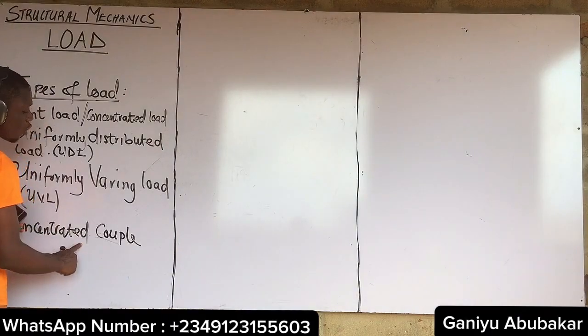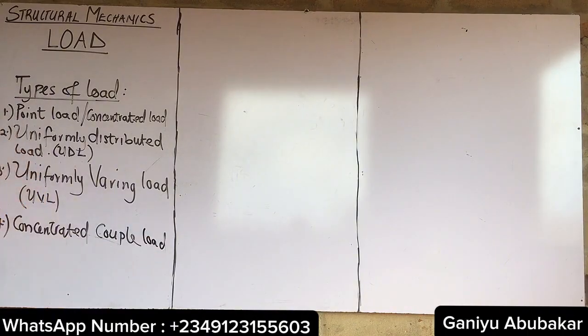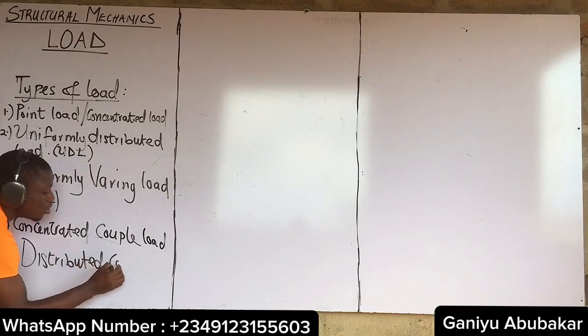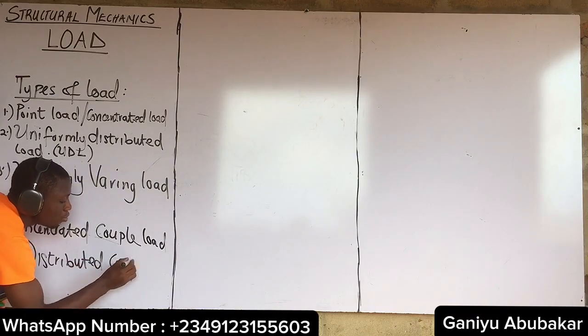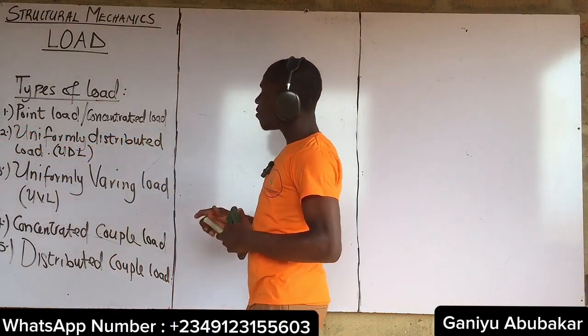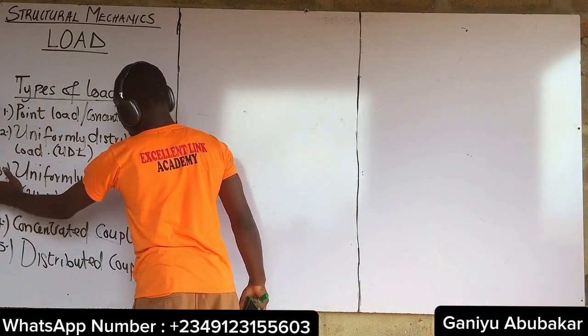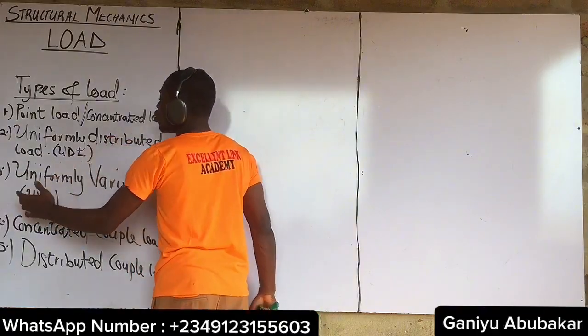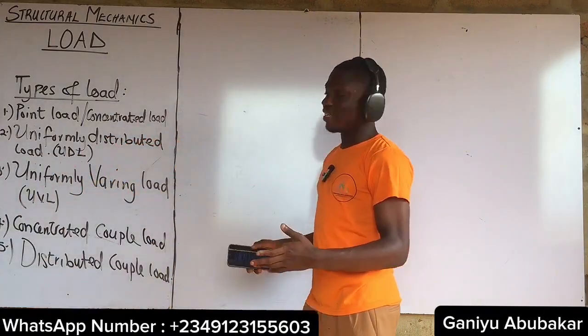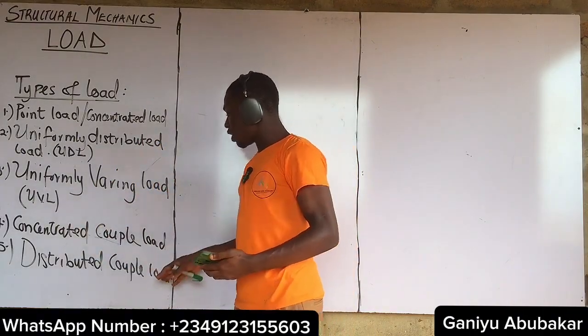And finally, we have the distributed couple load. All right, these are the five types of load that we have. We said 1 to 3 are the major ones. I just show you these two to show you that they exist. So we have concentrated couple load and distributed couple load.